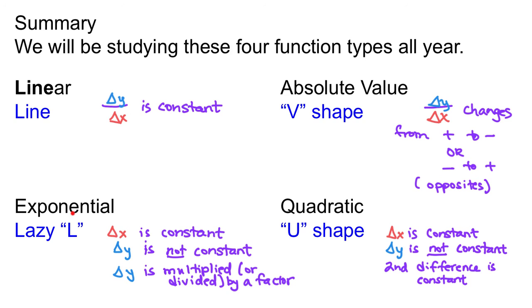An exponential function, which is that lazy L shape, it means the change in x is constant and the change in y is not constant, which means you need to look for a common multiplier. So it means change in y is multiplied or divided by a factor. And then quadratics, which is our U-shaped graph, the change in x is going to be constant, the change in y is not constant, and the second difference is constant.